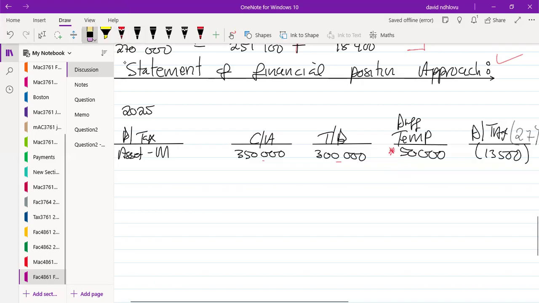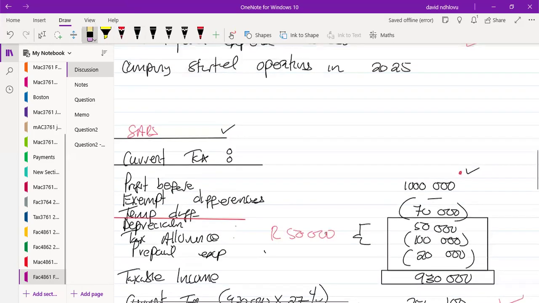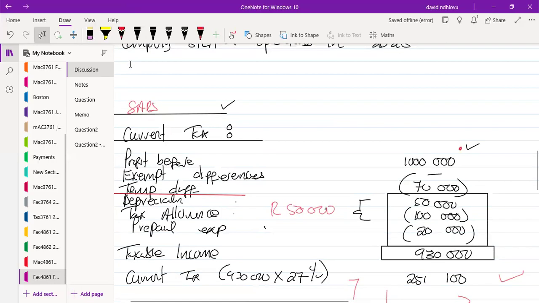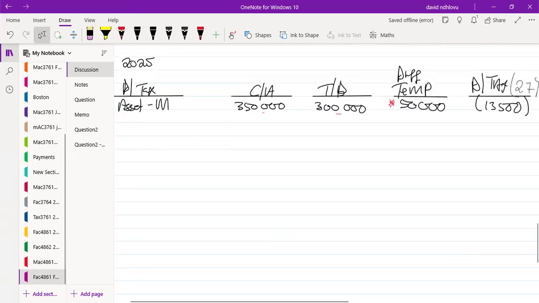Right, let's go to the other item that we are having, which is the prepaid expenditure. Now, the prepaid expense, we have to think about it. It gives you a balance in terms of accounting. So we'll have a prepaid expense here. Right, remember we said, Tina, we are not going to deduct that expense in the current year.